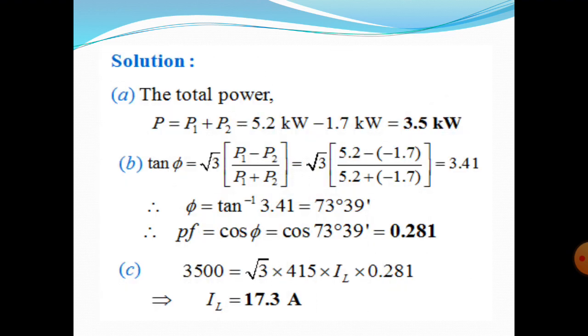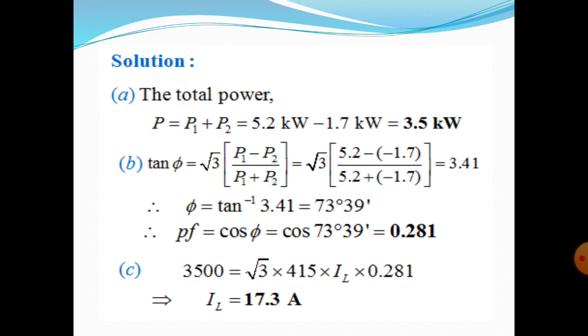Power factor means cos phi. First we find tan phi is equal to root 3 into (P1 minus P2) divided by (P1 plus P2). We substitute the values of P1 and P2 in this equation. Finally we get tan phi is equal to 3.41. Phi is equal to tan inverse of 3.41.